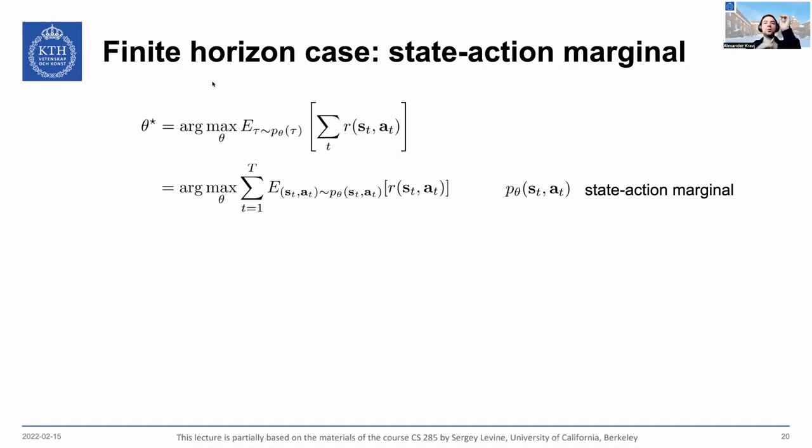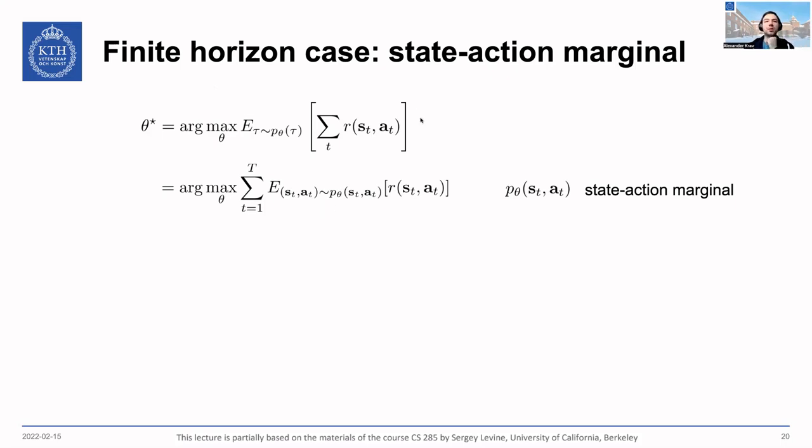So we can take each possible state-action pair, which is again distributed according to some probability, and given the probability distribution of the state-action pair, we sum the reward for this.